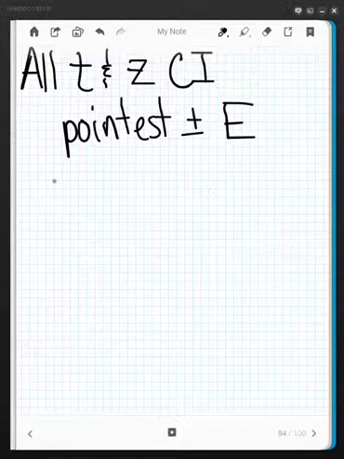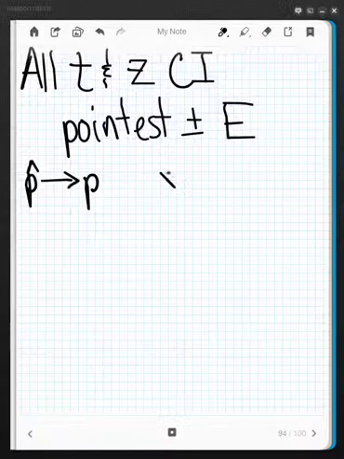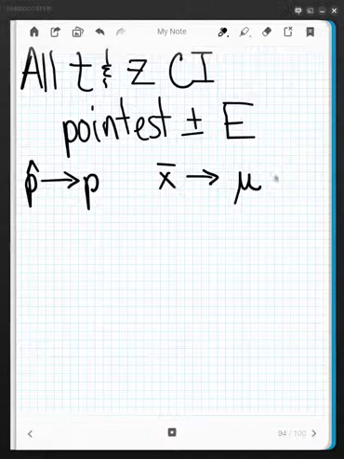Always, that's what they look like. We have a p-hat to estimate the p's, and we have x-bars to estimate the means, whether we're using a standard deviation known or unknown, right? We're still using x-bars to estimate those things. So our margin of error is what looks slightly different.